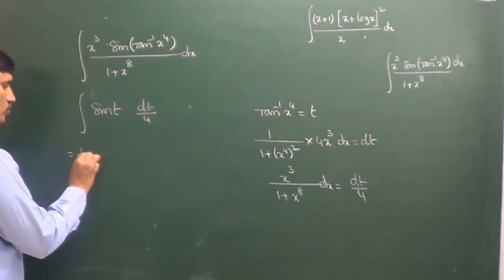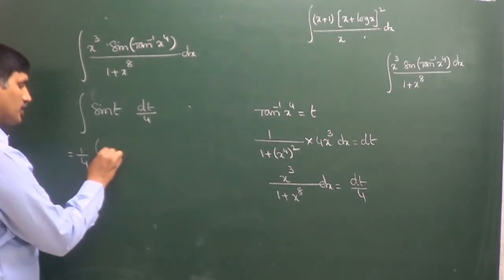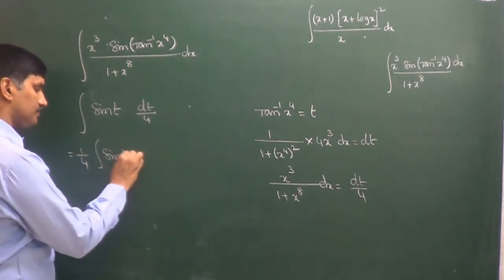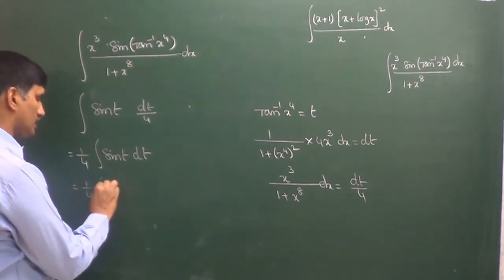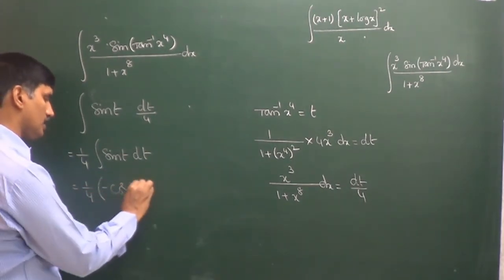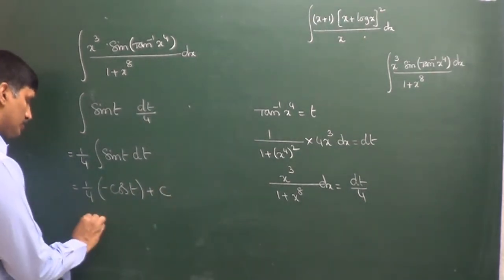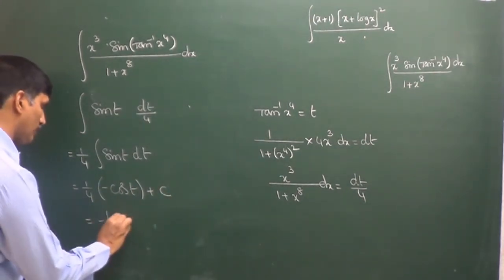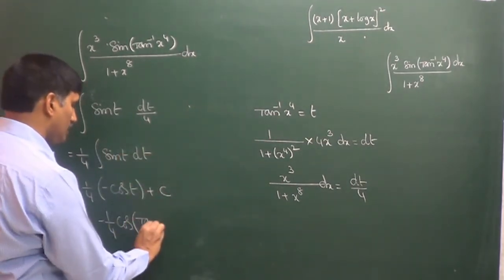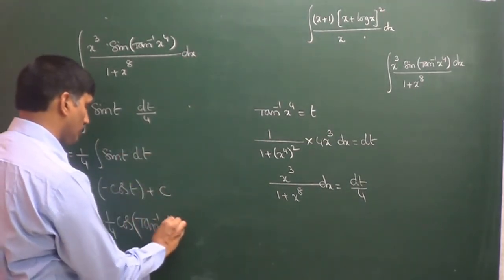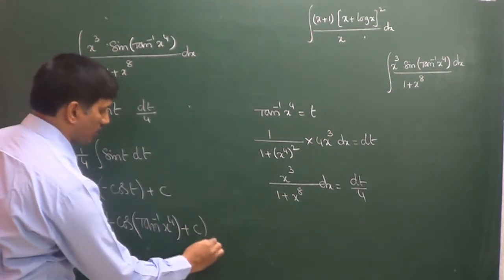That is equal to 1 by 4 into integration of sine t. Now you know sine t integration is minus cos t plus the constant of integration. That is equal to minus 1 by 4 into cos. What is t? T is nothing but tan inverse of x to the power of 4, plus the constant of integration.